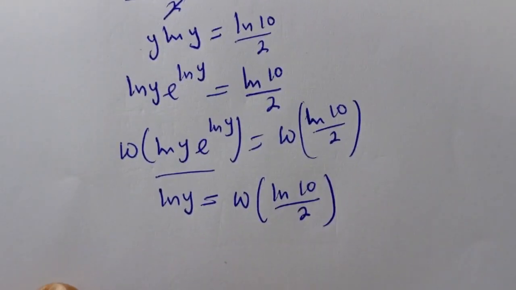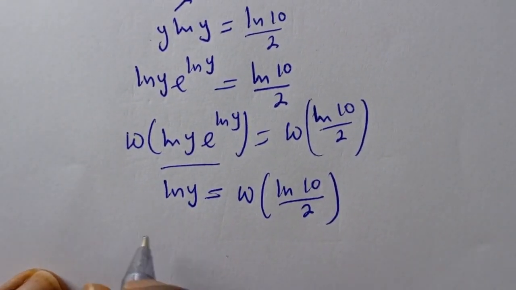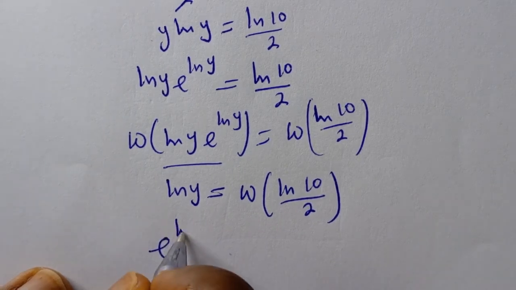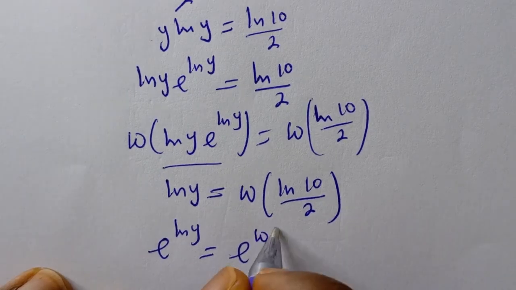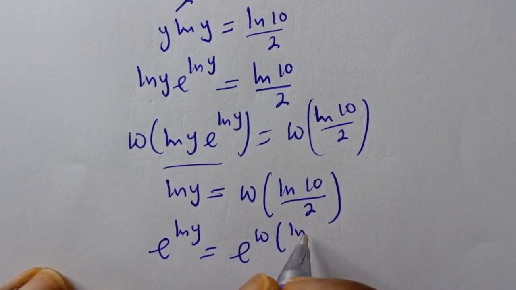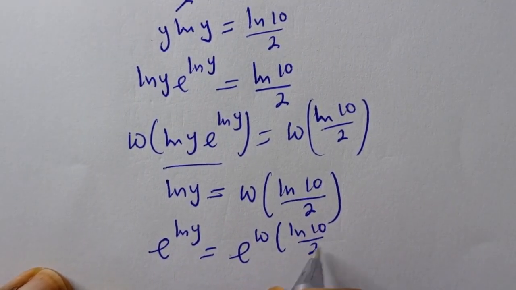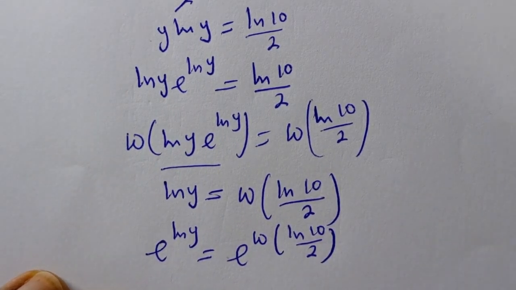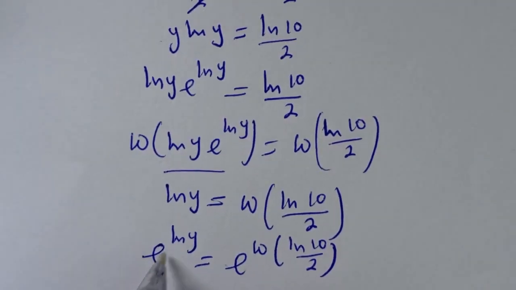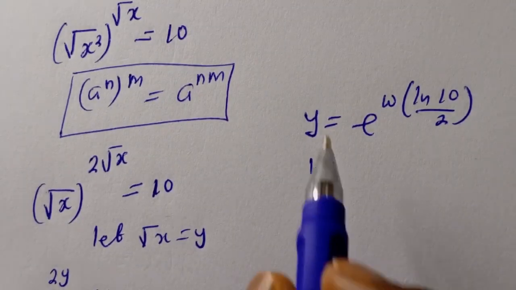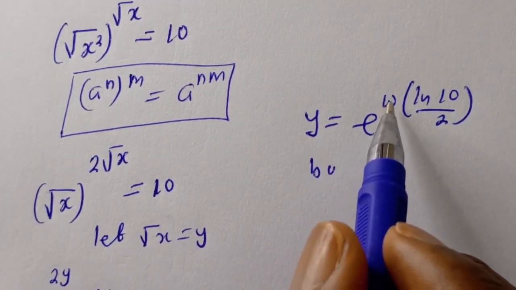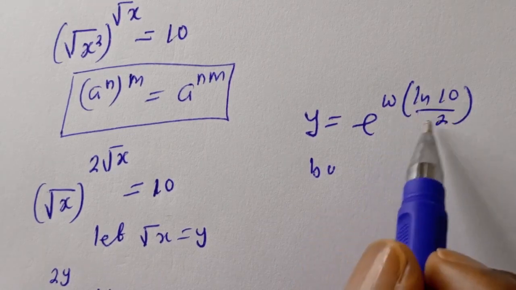Now let's introduce e. We have e to the power ln of y is equal to e to the power of W bracket ln of 10 over 2. And this e will cancel this. We have y is equal to e to the power of W bracket ln of 10 over 2.